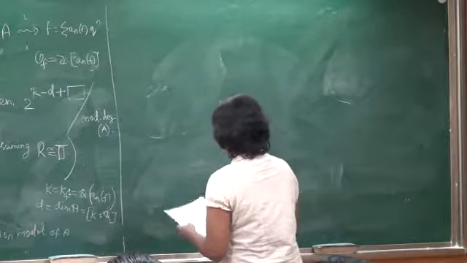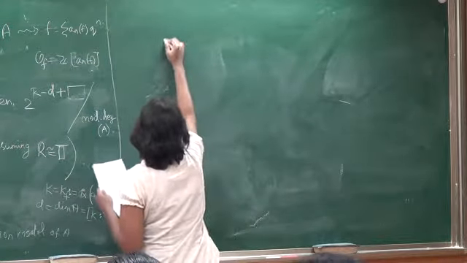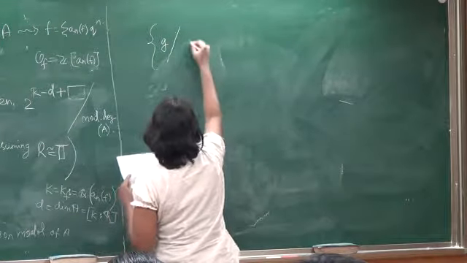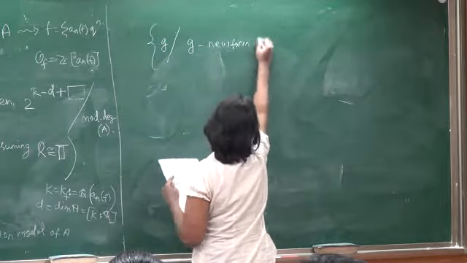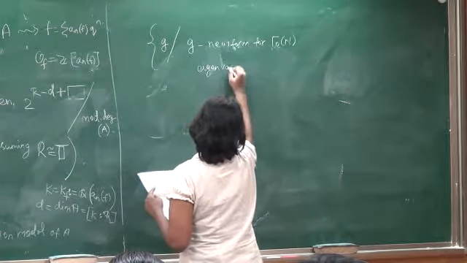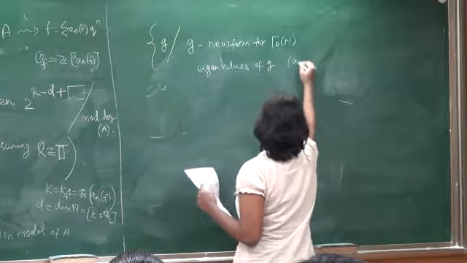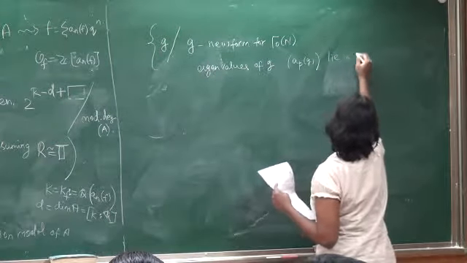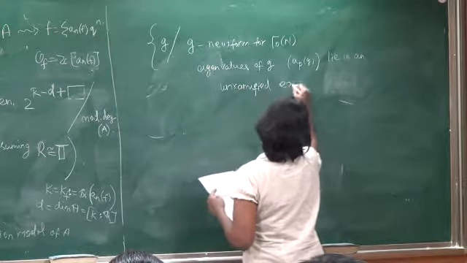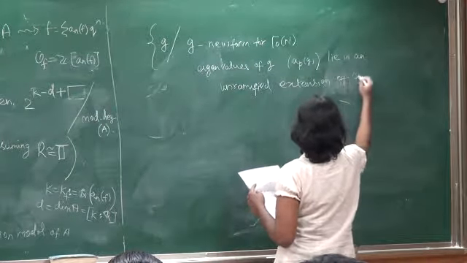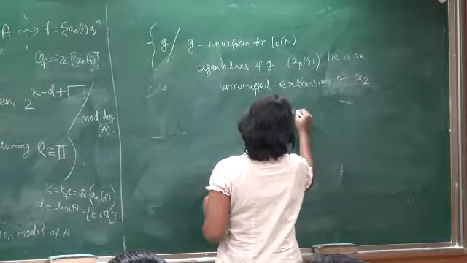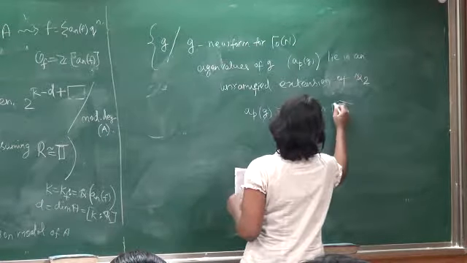Consider all g such that g is a newform and the eigenvalues of g, that is a_p(g), lie in an unramified extension of Q_2, and a_p(g) reduces to a_p(f) in F_2 bar.